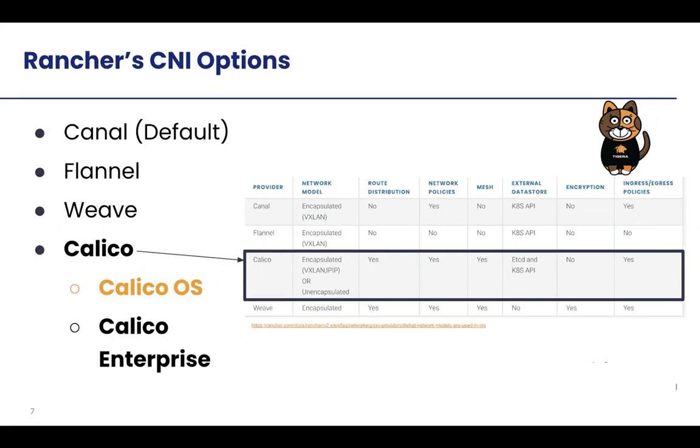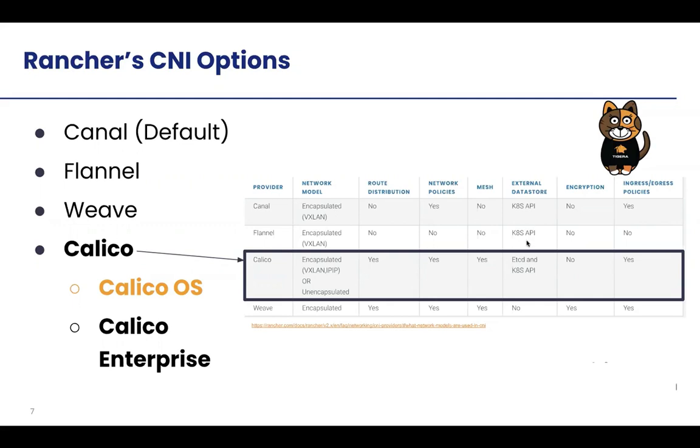And network policy is an area where you want to make sure that the CNI actually does provide a mechanism to enforce your network policies, and that's why you can see Canal having it, because it's a combination of Calico and Flannel. So Calico does provide that out of the box, creating a full mesh or partial mesh of network between the nodes.